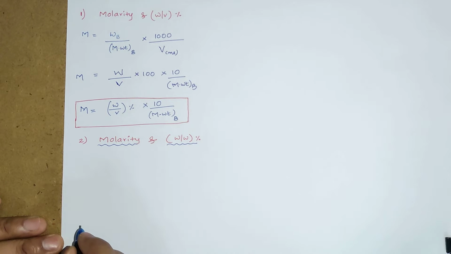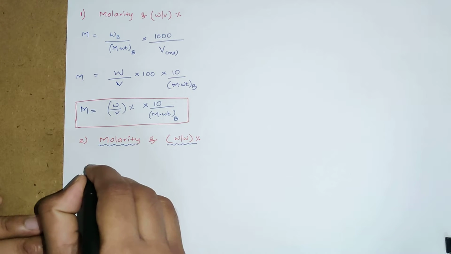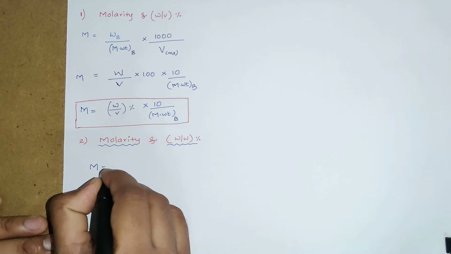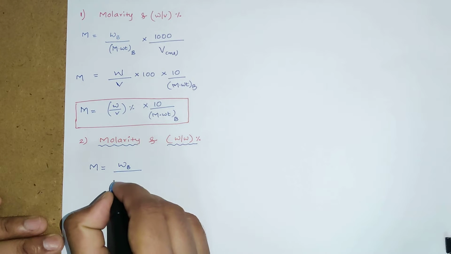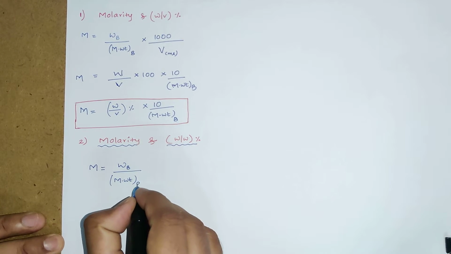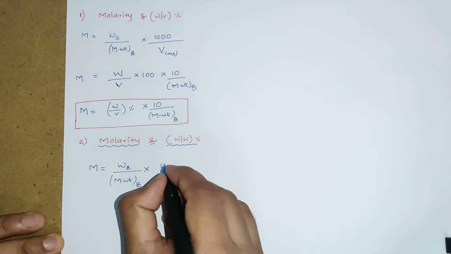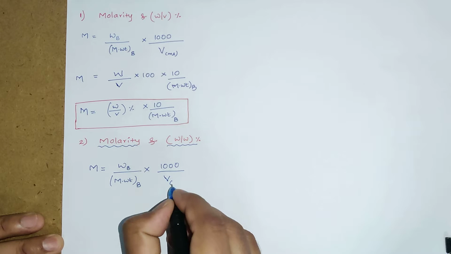Similarly, just like above, first we write the formula of molarity. Weight of solute by molecular weight of solute into 1000 by volume of solution.